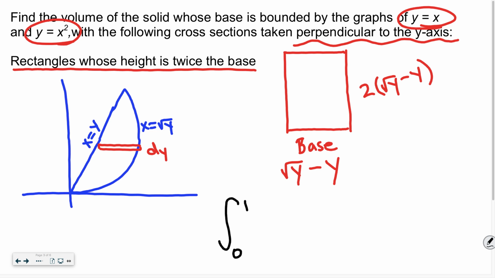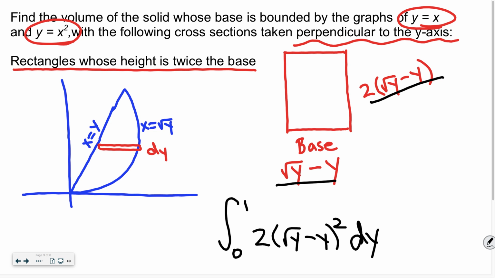The area of each rectangle is base times height, and then thickness dy gets us to the third dimension, and the integral is adding those together. Are you okay with how I wrote base times height? If I multiply the base times the height, I have 2 times radical y minus y, times radical y.